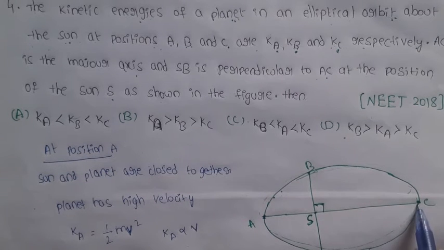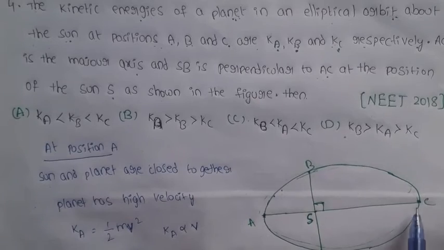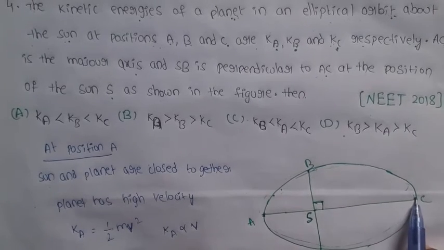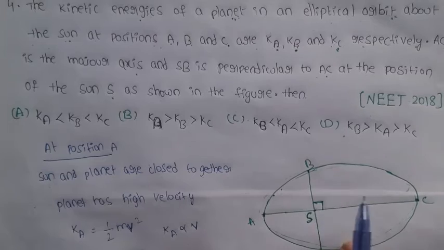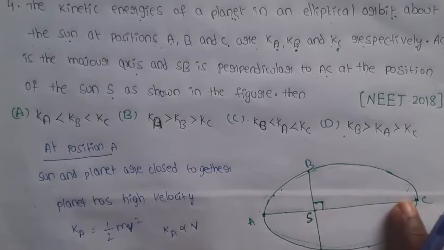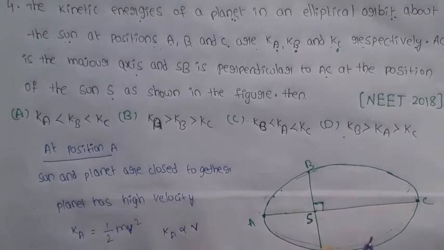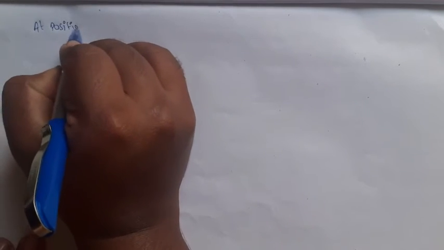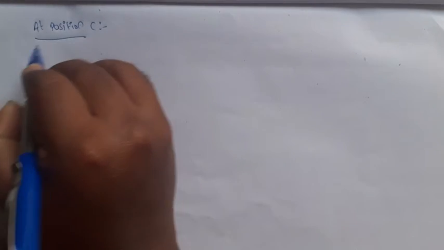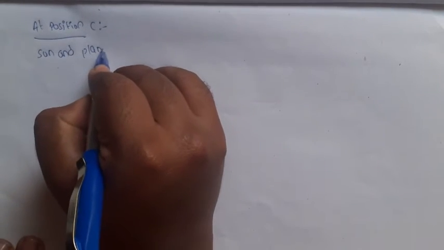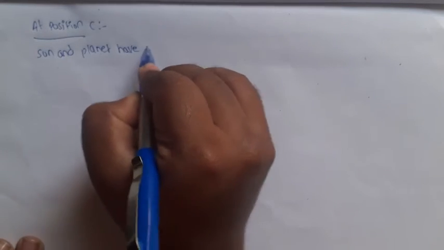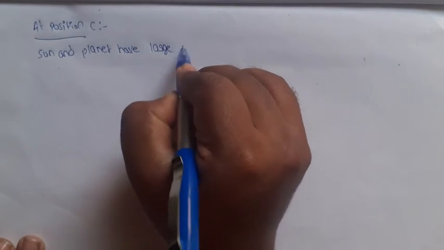Now I am taking point C. At point C, observe this is the position of the planet and this is the position of the Sun. What about the distance here? The distance is very large. At position C, the Sun and planet have a large distance.